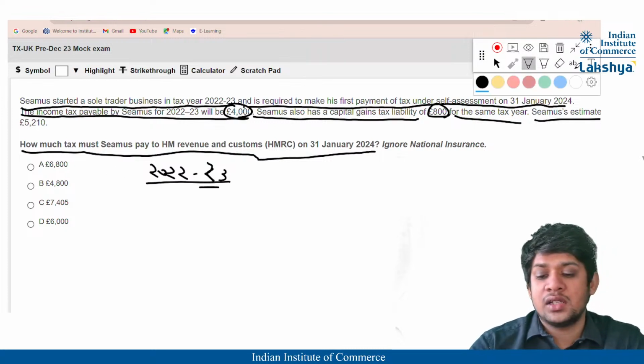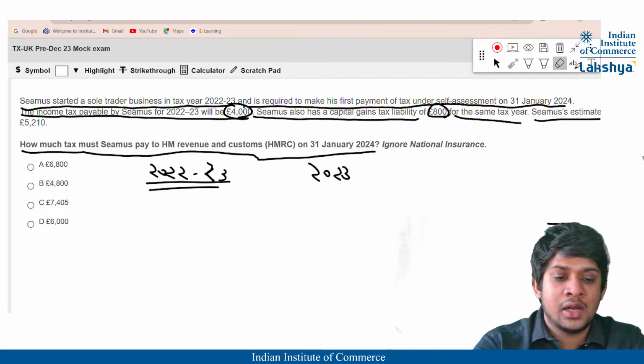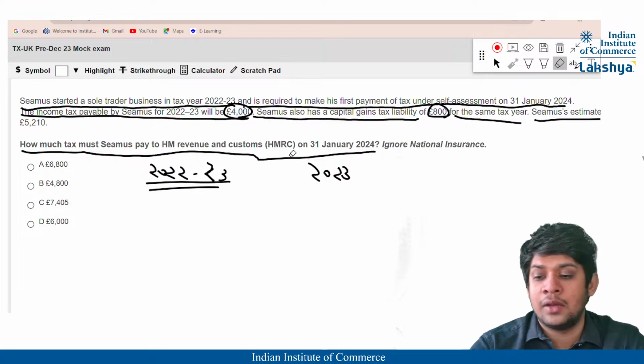So in the first tax year, you're not going to make any POAs. But in the second tax year, we have to calculate for 2023-24. She started trading in 2022-23 and has to make a payment on 31st January 2024.